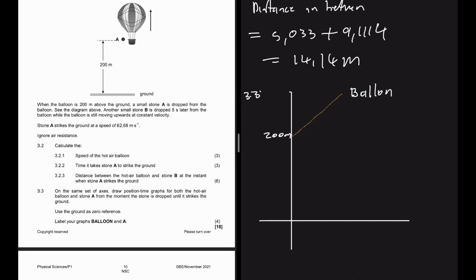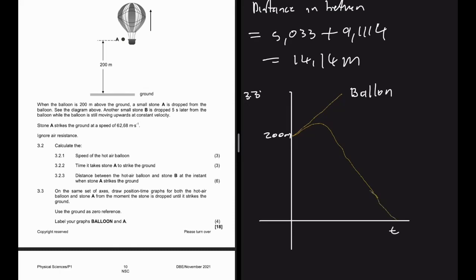And then what happens to the stone? The stone goes up for some time before it starts going down, right? Because this V initial is 2.9 meters per second, so it will go up for that short amount of time, and then eventually it will go down, and then it strikes the ground.